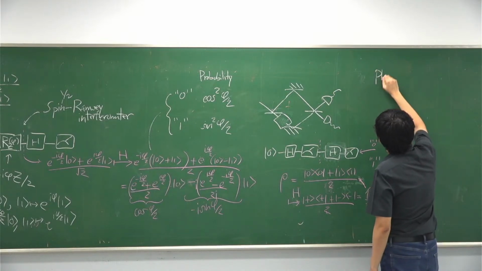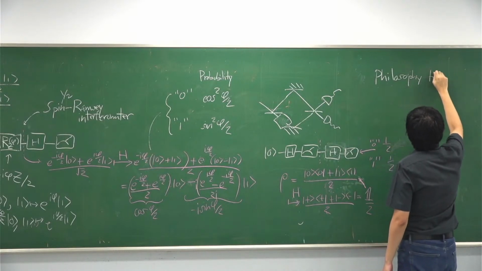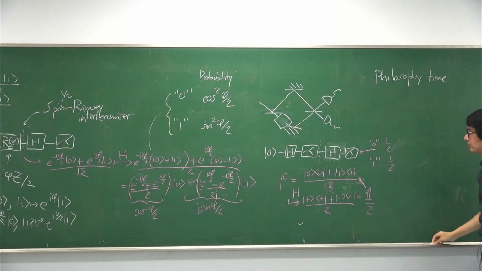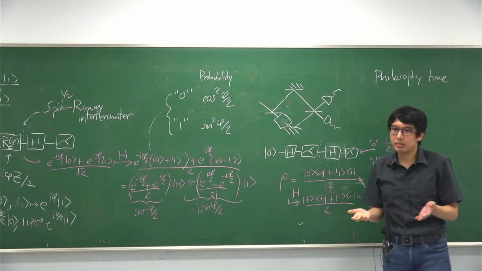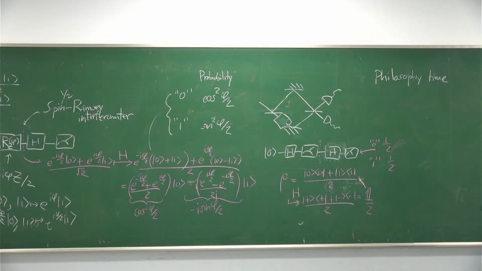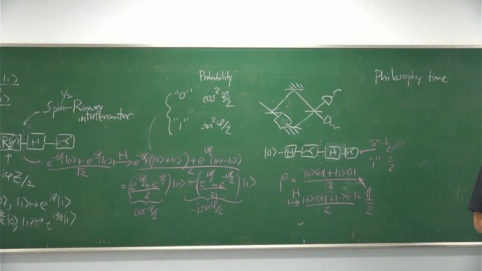So, a bit of philosophy time. Niels Bohr would say that the outcome of the experiment, whether the quantum system is a particle or a wave, would depend on our whole experimental setup.